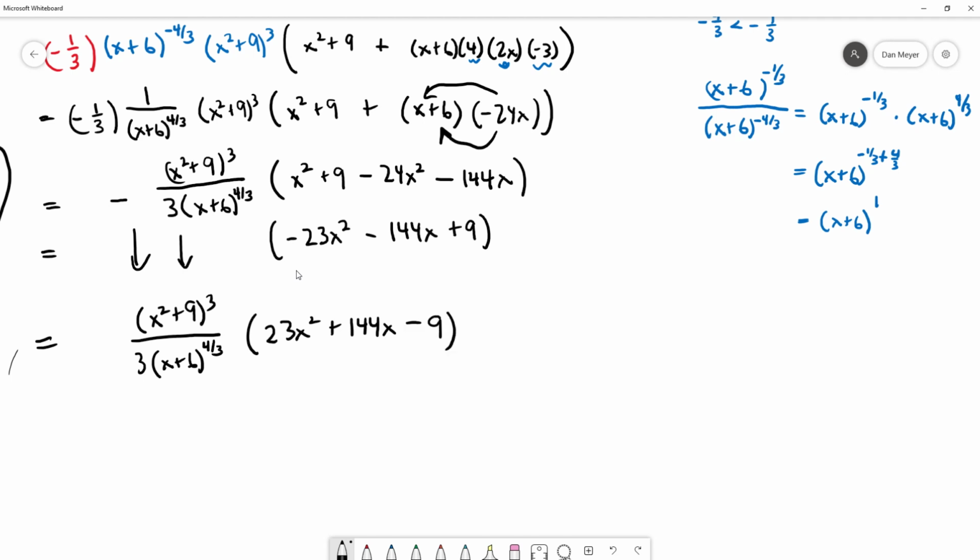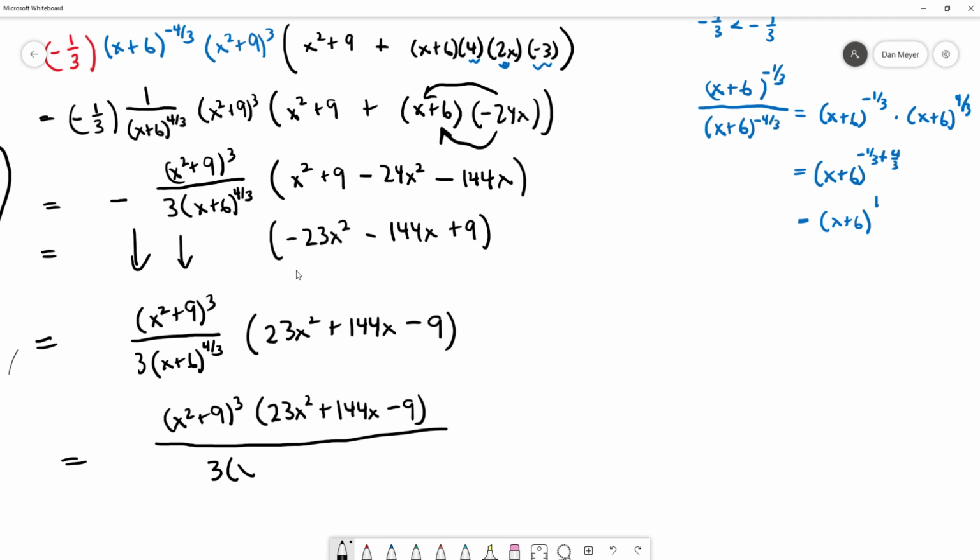And then I'll finish off by writing this as one big fractional expression: x squared plus 9 cubed times 23x squared plus 144x minus 9, all over 3 times x plus 6 to the 4/3.